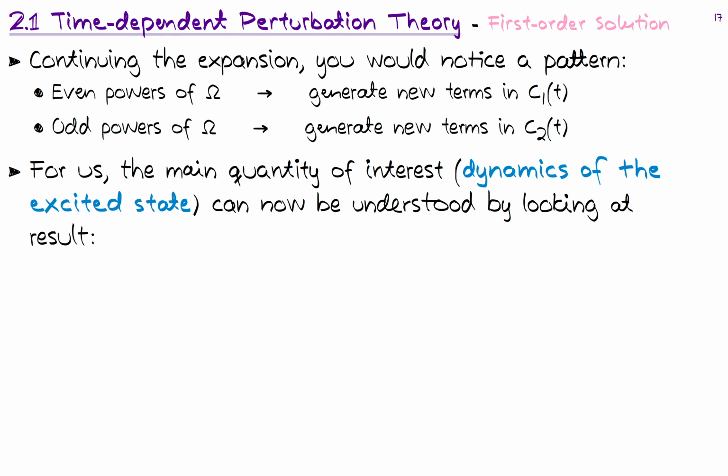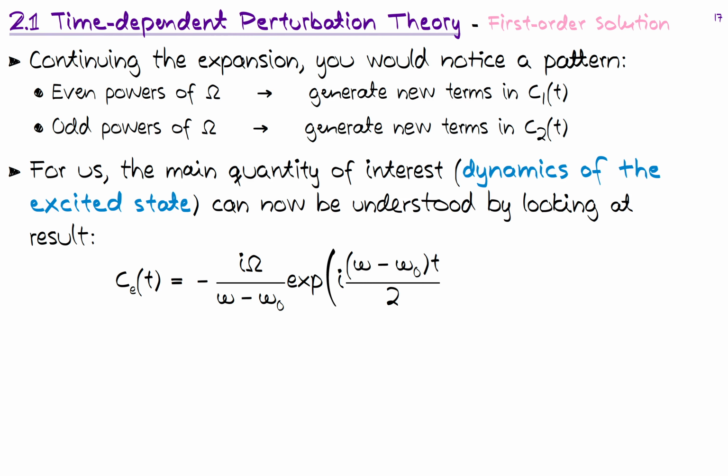We can understand this by looking at the result. We now have an explicit form for the CE expansion coefficient as a function of time: minus i omega divided by omega minus omega naught, times e to the power of i (omega minus omega naught) t divided by 2, times sine of (omega minus omega naught) t over 2.